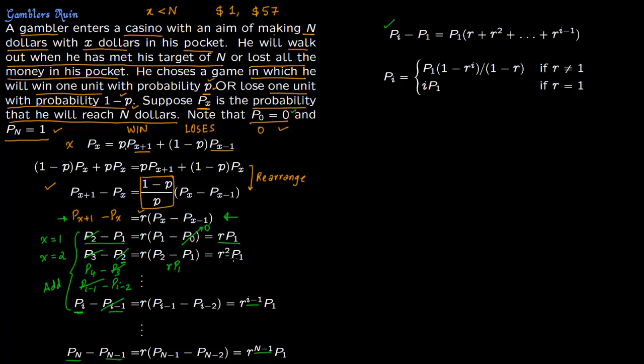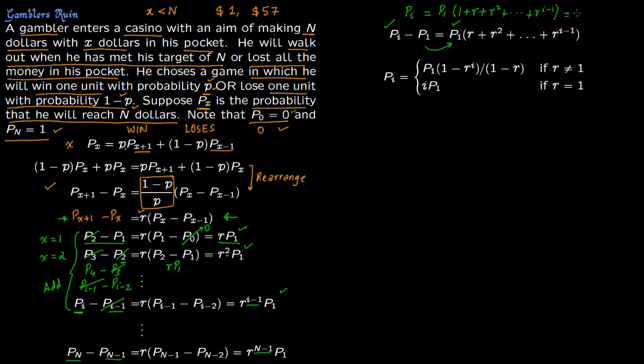And on the right hand side, you add all these terms r, r squared, up to r^(i-1), and take this P1 common outside. So P1 is common right outside. Now you can rearrange this again and write P_i is equal to P1 times (1 plus r plus r squared all the way to r^(i-1)).